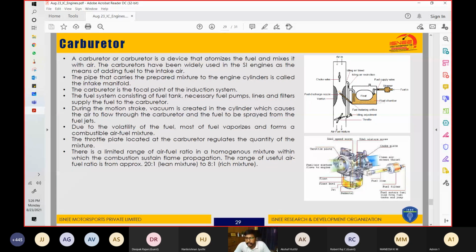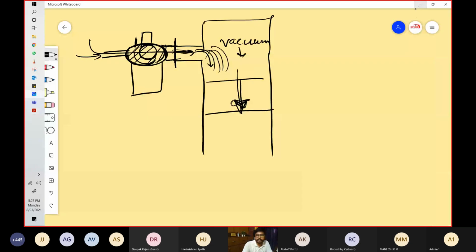So when you throttle up, you basically open this particular position more. So let's say this position is as of now opened. In the second case, when you throttle up, you are opening more area.